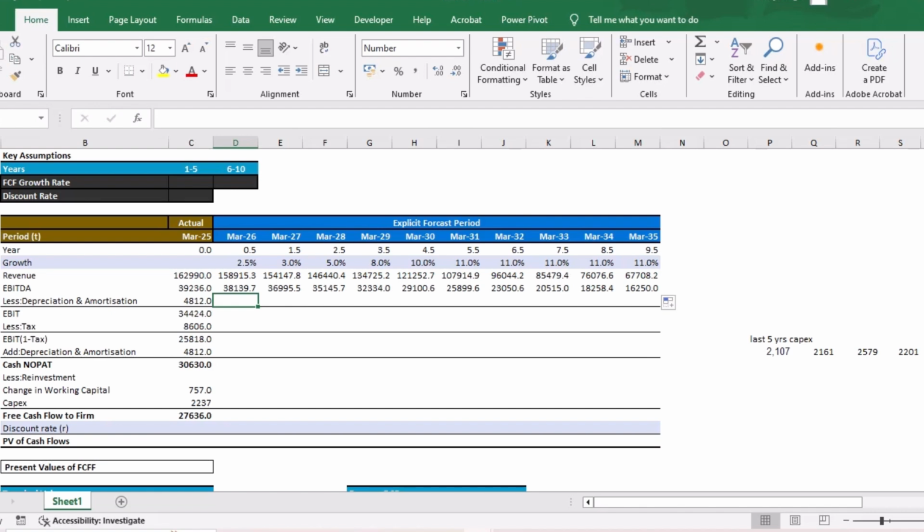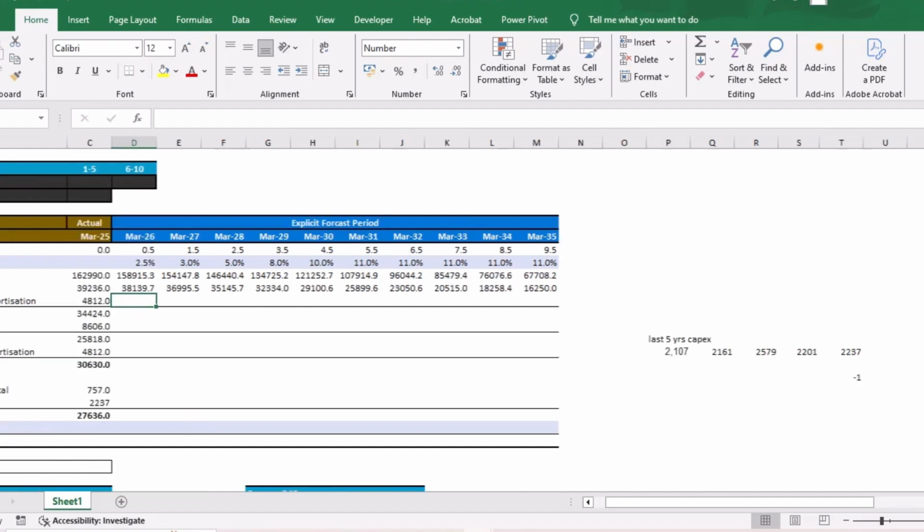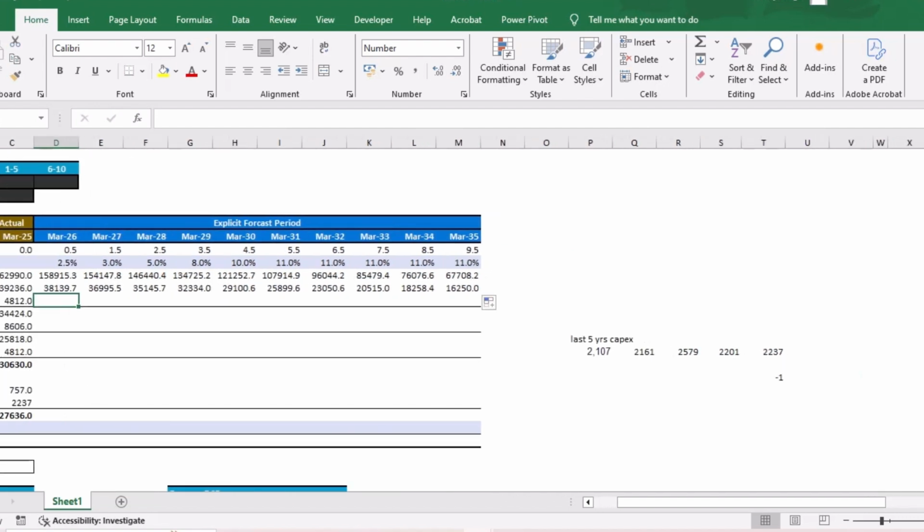For depreciation, before this, we need to forecast the capex. So for the FY26 capex, see, management has not given any guidance on capex. Okay, so we will assume that the company will continue to perform the capex based on the past trend. Okay, what are the past trends?